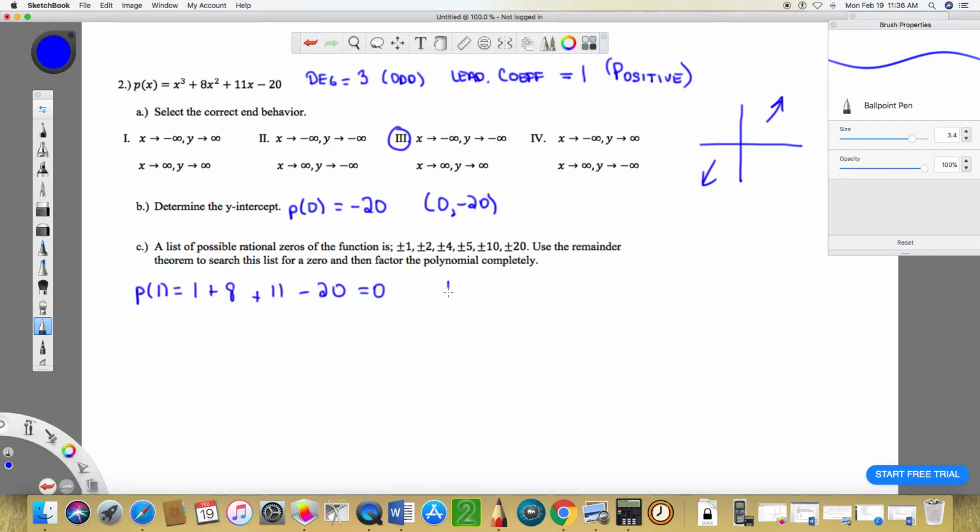So now I want to do synthetic division, because this doesn't help me factor it. It just helps tell me what a factor is, x minus 1, but it doesn't help me to actually factor it. The synthetic division actually helps me factor it.